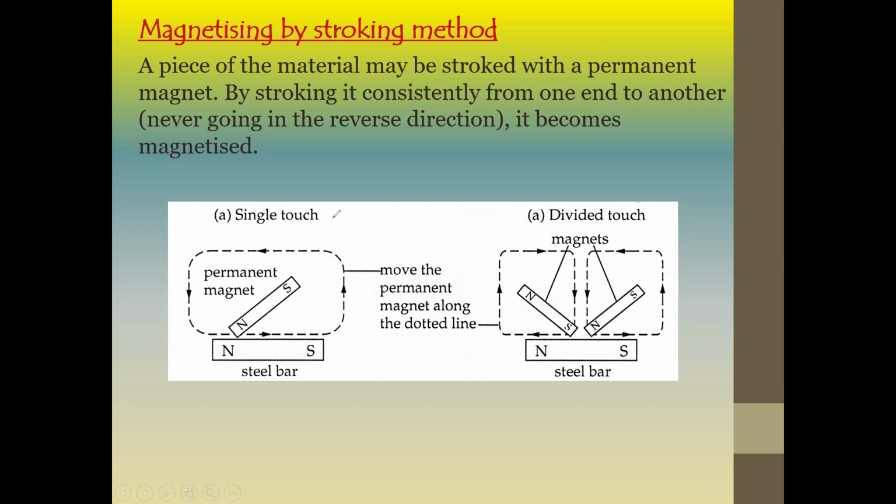The second technique, method to magnetize. The first one is by placing the object inside a wire which is carrying a direct current, or current in one way. And the second is known as stroking, like rubbing with a permanent magnet. Any doubt till this point?